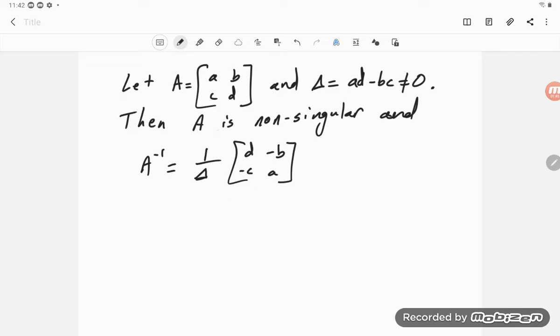But notice they don't actually go the other way. They don't say, if A is non-singular, then that quantity will not be 0. But that is true.